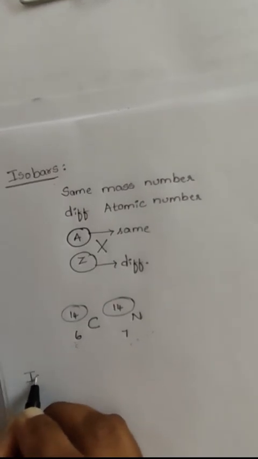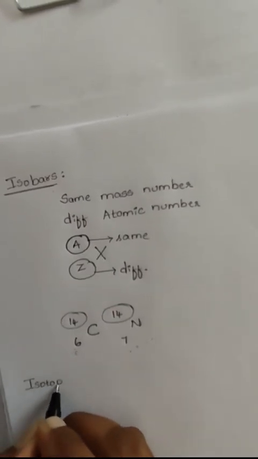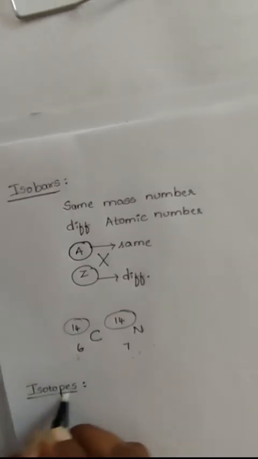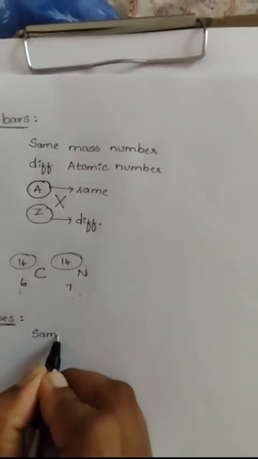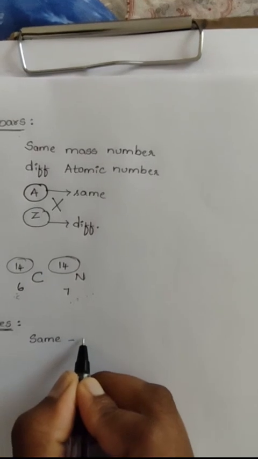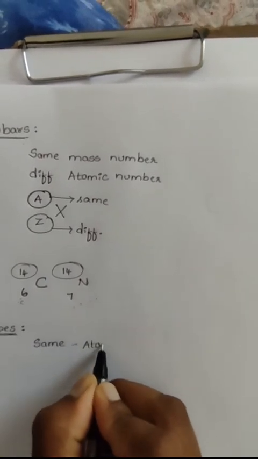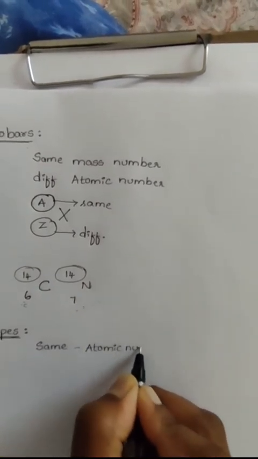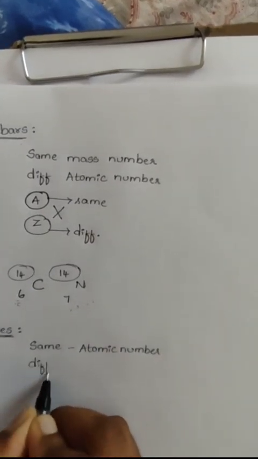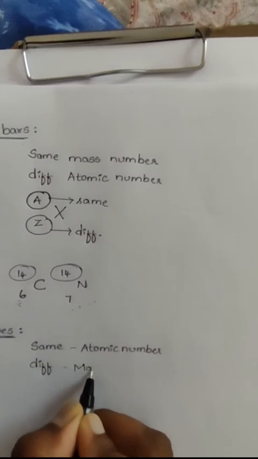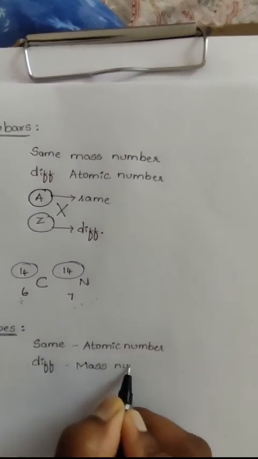Then isotopes. Isotopes have the same atomic number but different mass number.